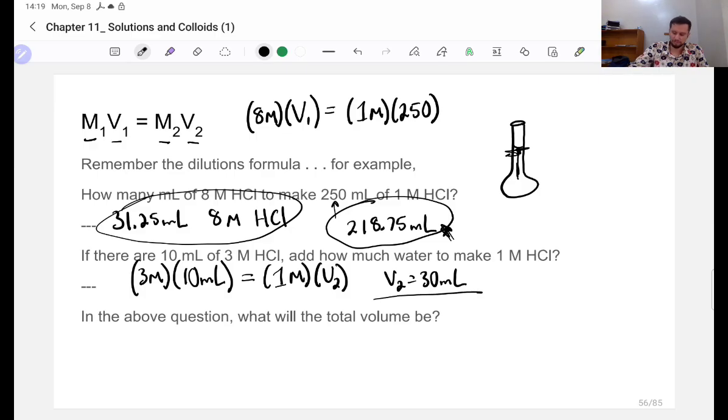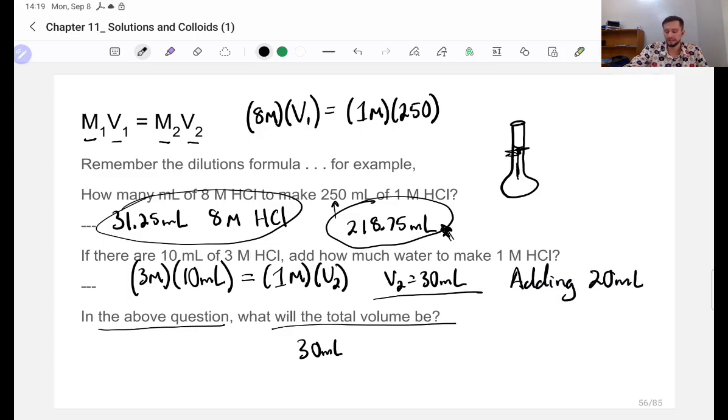We're starting with 10. So in the above question, what will the total volume be? The total volume will be 30 milliliters, but we're adding 20, because V2 means that the final volume is 30. It doesn't mean you add 30, okay? So it's saying if you start with 3 molar 10 milliliters, your final will be 30 milliliters of 1 molar.